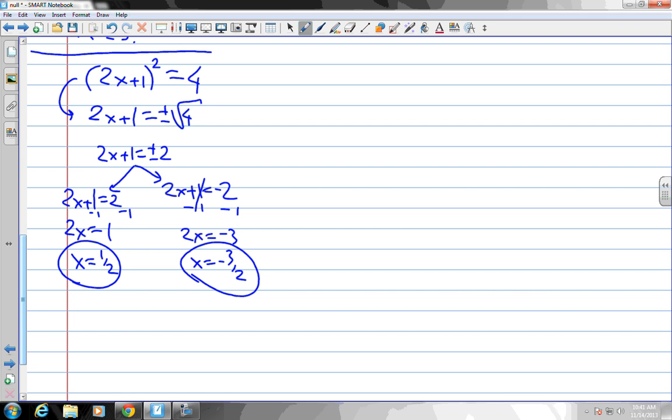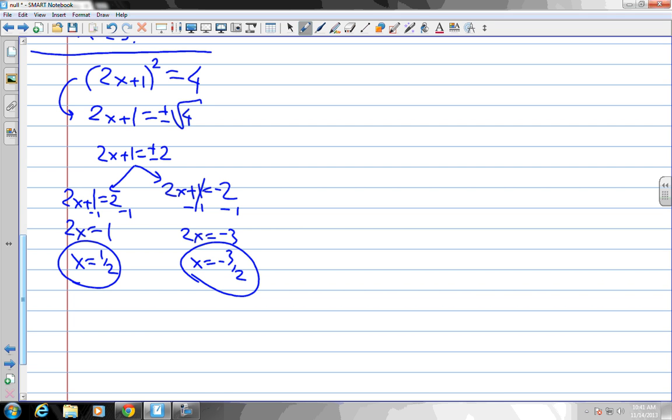So the big thing here, if all of your variables are under the square, you don't have any other random x floating around, you can just do that. You can get rid of that square by taking the square root, which leads you to two linear equations, which is nice.